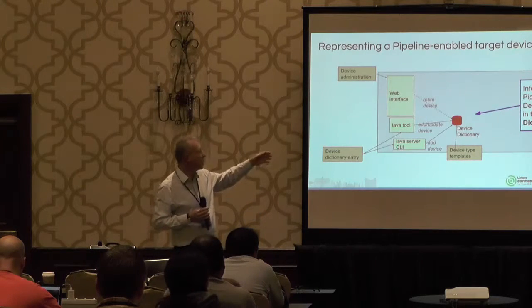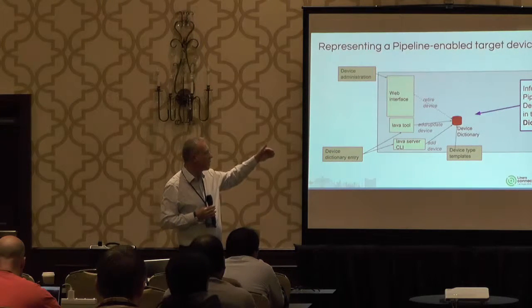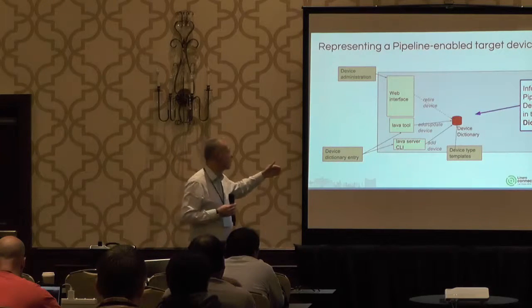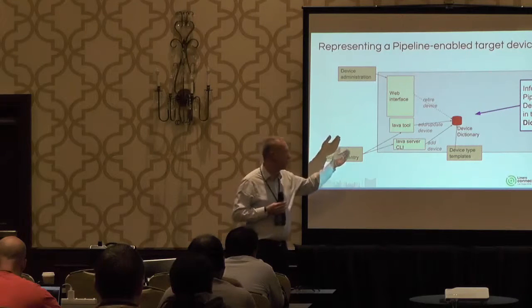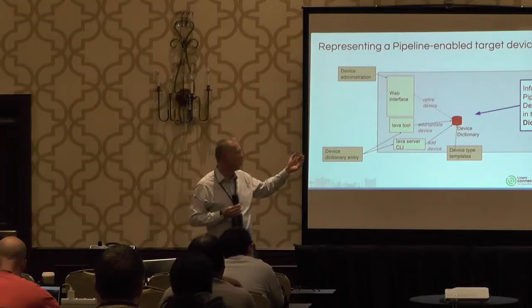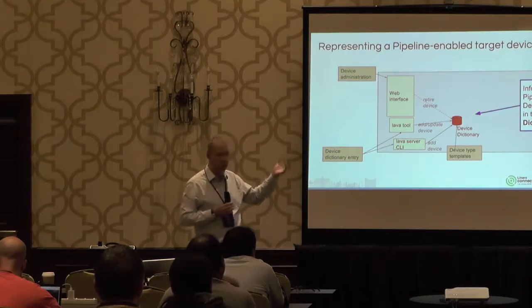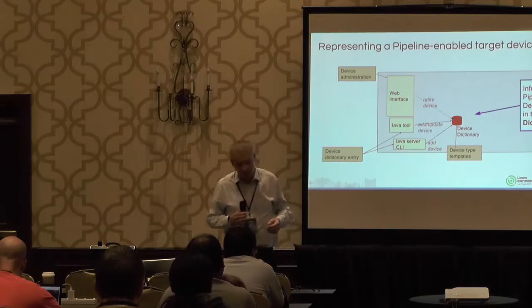It extends the device templates, and it's something that you interact with through the command line tools. So if you want to add another device, you do that through the lava tool. And if you want to update a device, you do that through the lava tool.